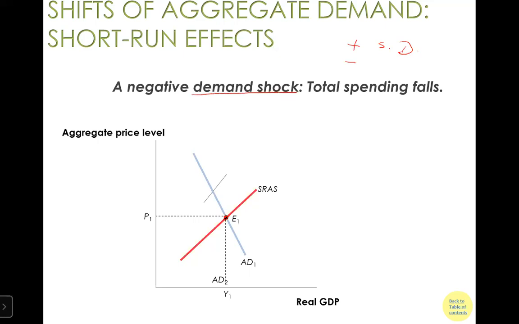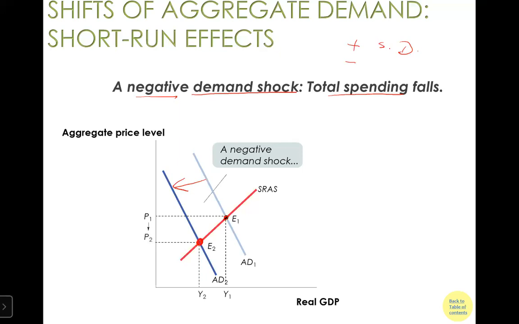Okay, so this is if there's a negative demand shock, meaning the total spending will fall. So on the graph, it just means the aggregate demand curve will shift to the left, right? And then we are going to see a new equilibrium.